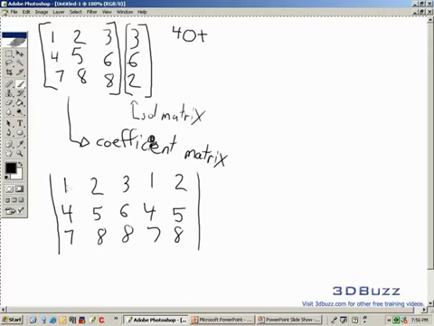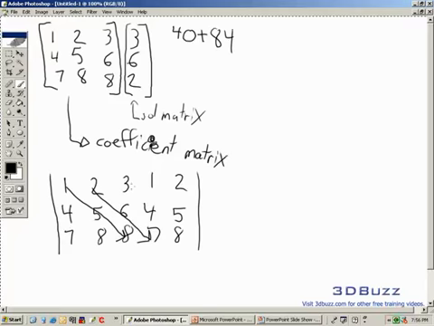So we calculated that to be 40. Now 6 times 7 is 42, times 2 is 84, so plus 84. Then 3 times 4 is 12, times 8 is 96, so plus 96.